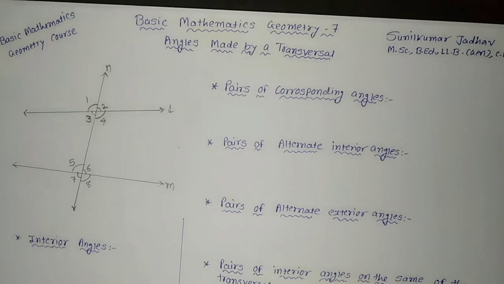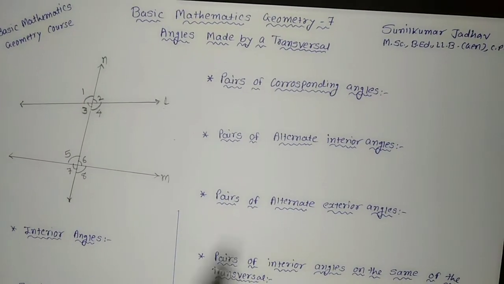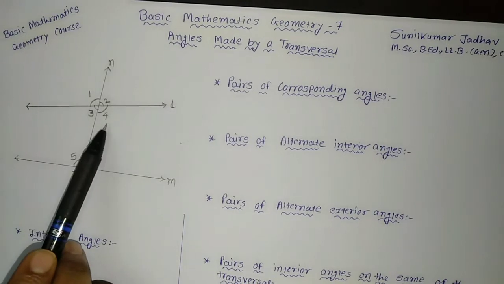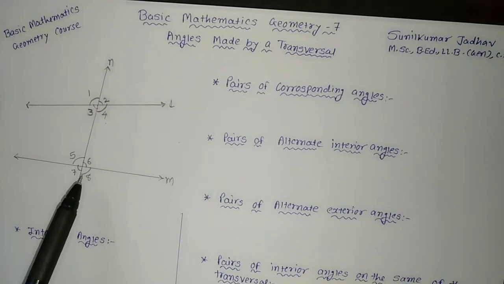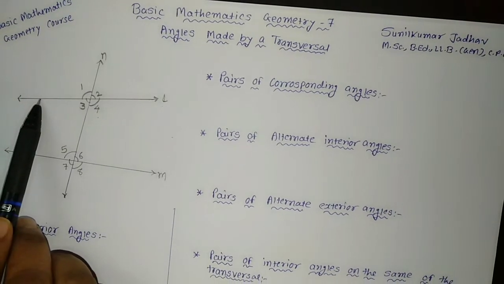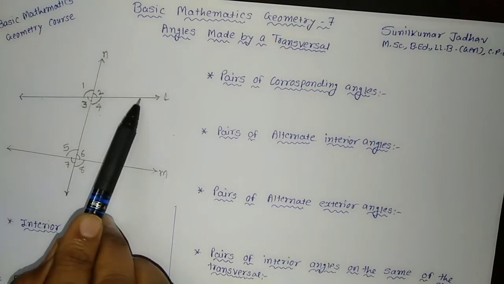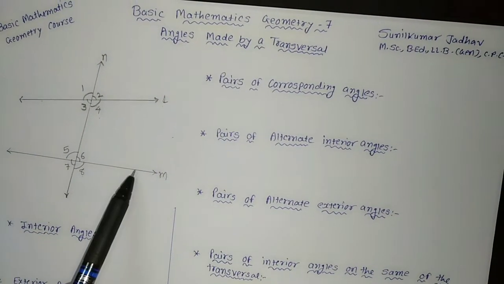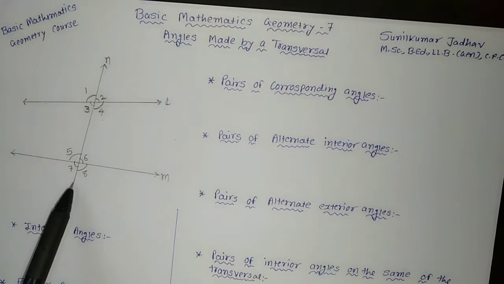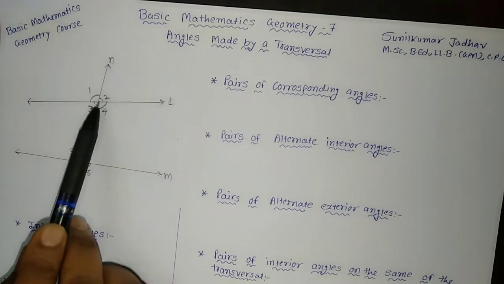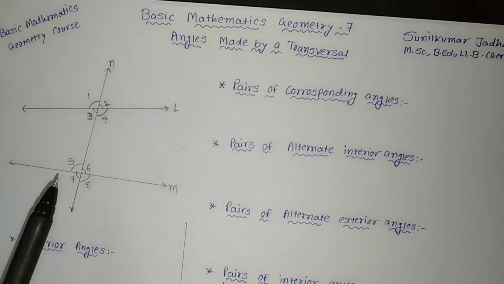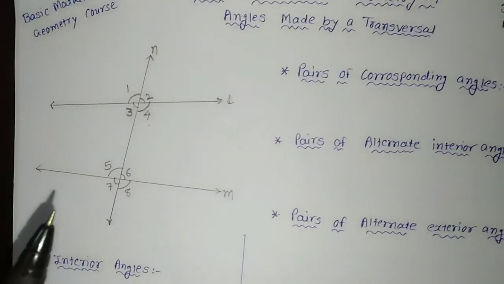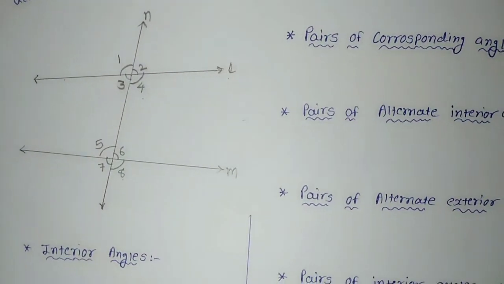We can give names to those points if we require to name the angles. But I have named the angles by 1, 2, 3, 4, 5, 6, 7 and 8. If you want to write the angle, you have to give names to the lines, like line AB, line CD and line DE, as well as the intersecting points P and Q, and then you can write the names of the angles. But since we are discussing fundamental and very simple things, I have taken only the figure.